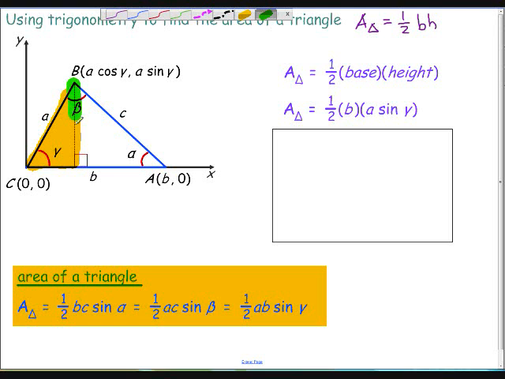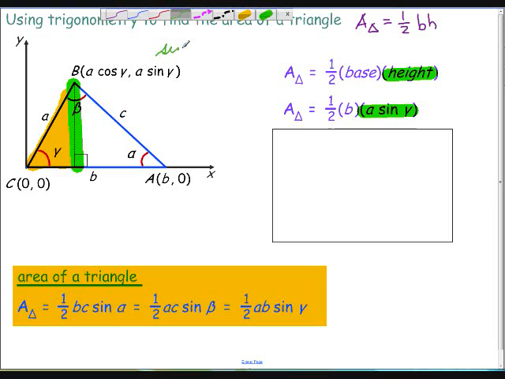here's our height, height can be represented by the opposite over hypotenuse. Let's write it out.